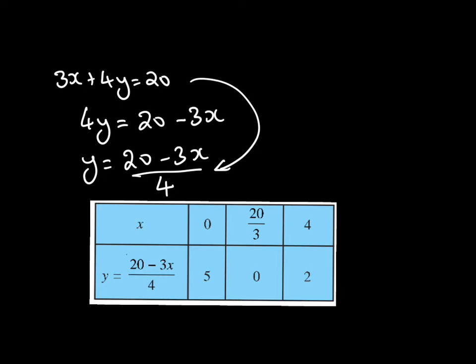So when we take the values of x as 0, 20 over 3 and 4, we get the values of y as 5, 0 and 2. So now we have the tables for both the equations and we can plot the graph for both these equations.